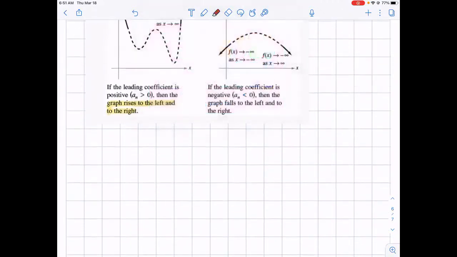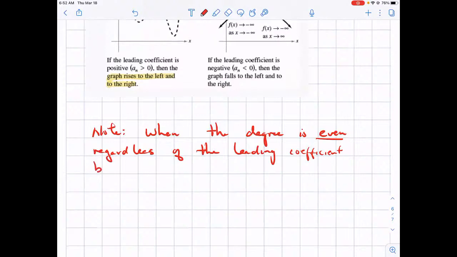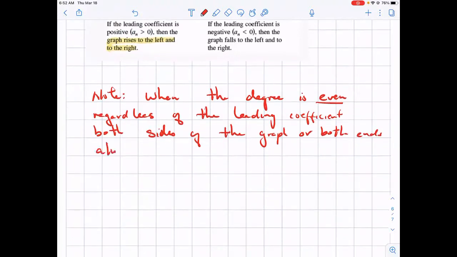So you should note that when the degree is even, regardless of the leading coefficient, both sides of the graph, or both ends if you want to say, always point in the same direction.